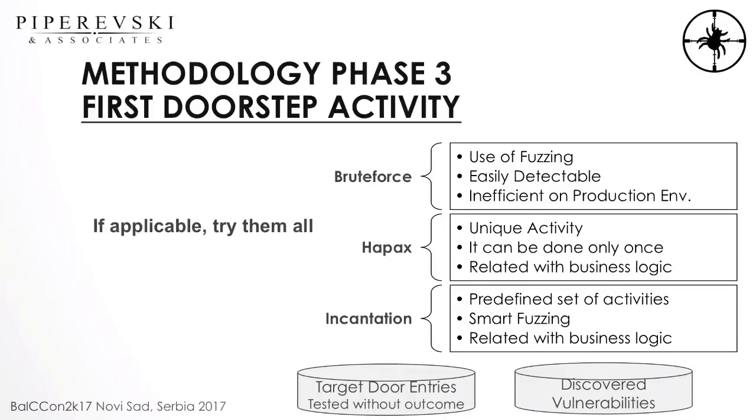But in some cases it could be an interesting approach, if you identify that there is no security control. Then it can be interesting for discovering a stack overflow or buffer overflow. Smashing the application with brute force fuzzing is really powerful, but only if there is no security control on that input.